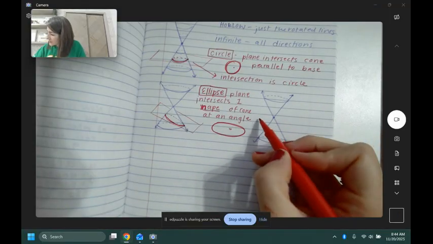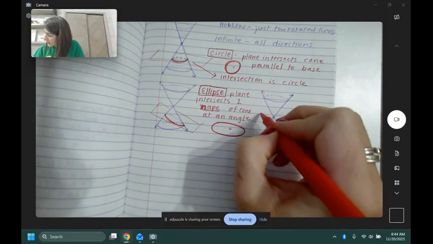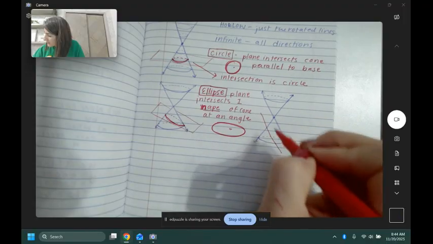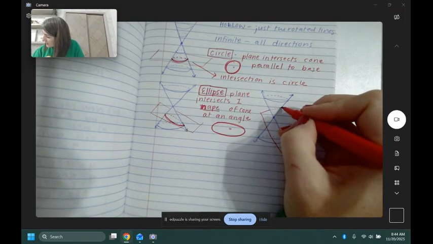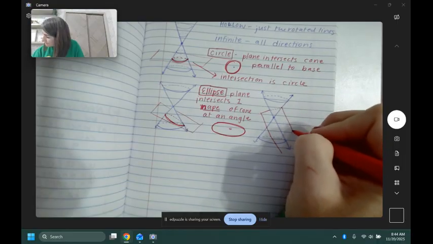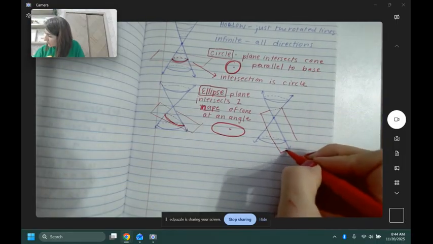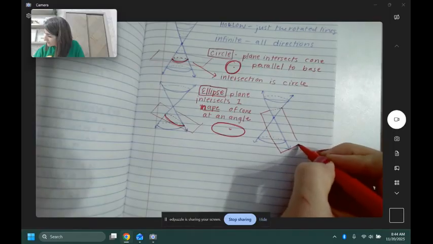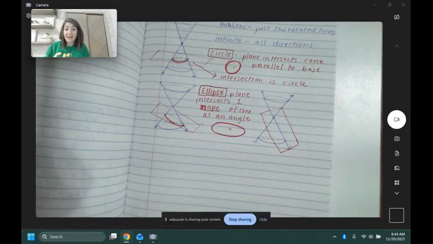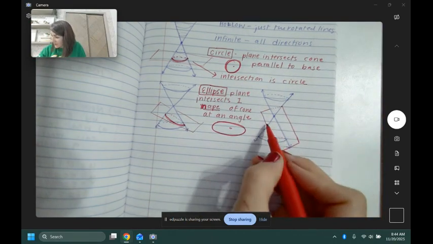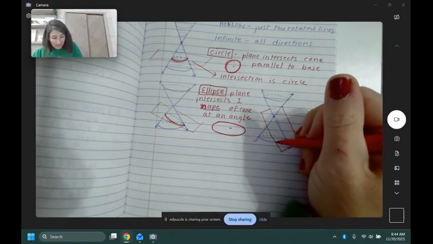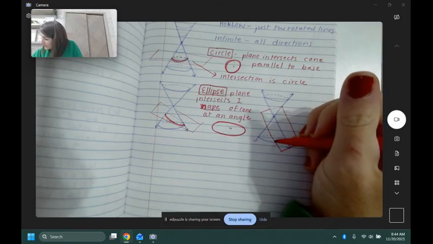So this will look something like this. Sometimes it's parallel to the original intersecting line. So when you slice it this way, straight through somewhere like that, you'll get this shape.